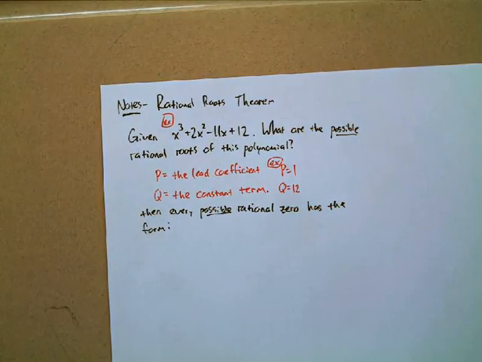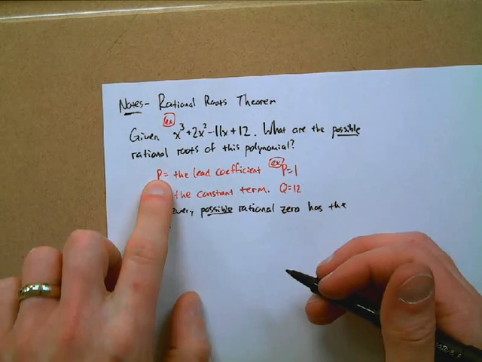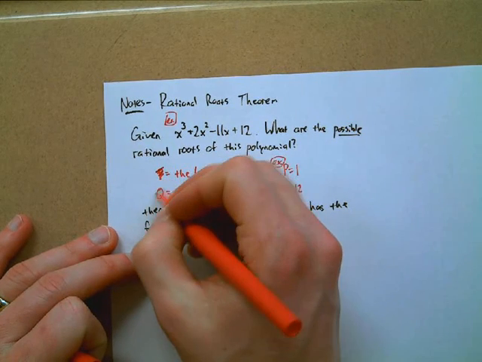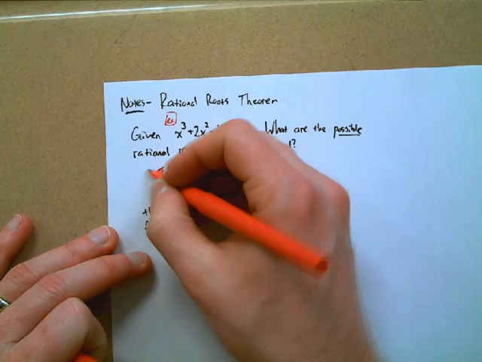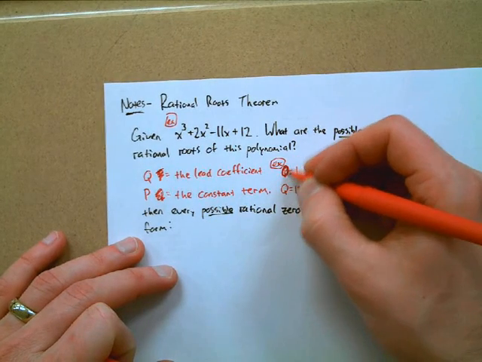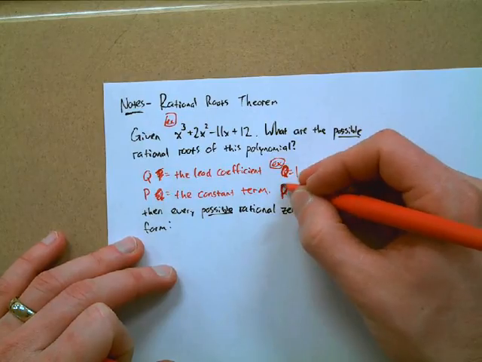I'm sorry, guys. My mistake. P is the constant term, Q is the lead coefficient, and that's going to be important, so let me fix that. I apologize. Okay, so it's Q that is 1 and P that is 12 here. Sorry about that.